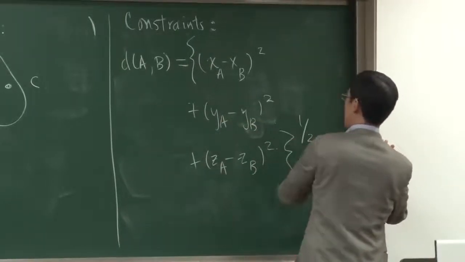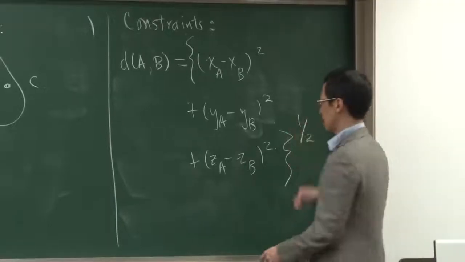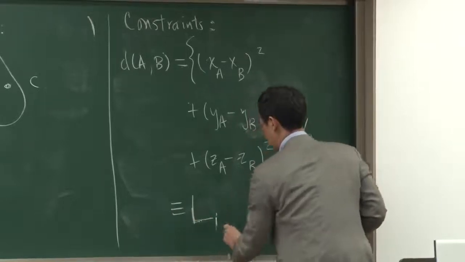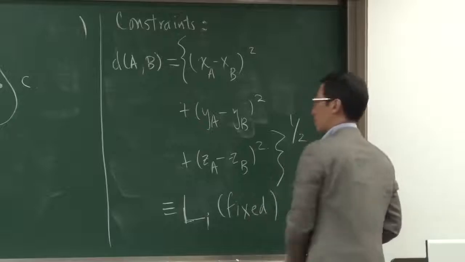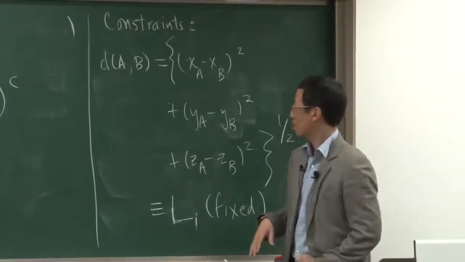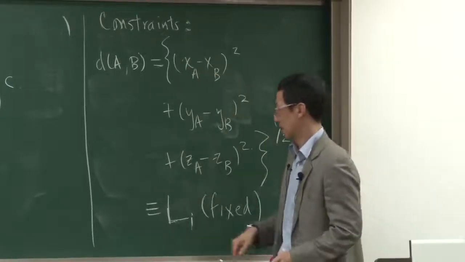So this square root is some fixed distance L1. Same constraint. Only difference now is that we have 3 coordinates, x, y, and z.